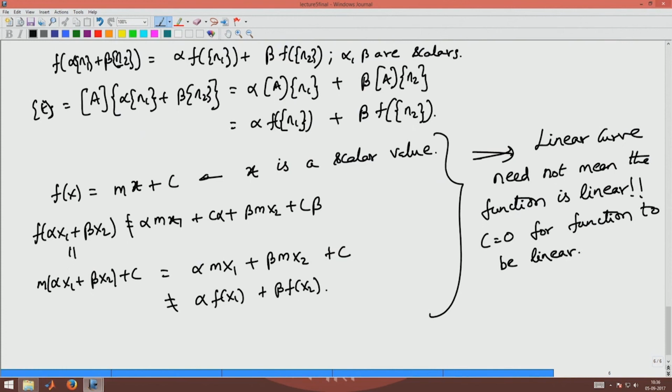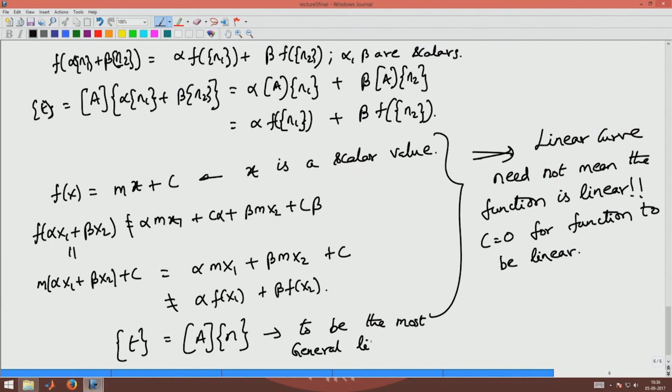Okay. So, thus for the vector mapping of 3 variable functions to 3 functions, you will find that this vector T mapped as A times n is the most general linear function. Okay.